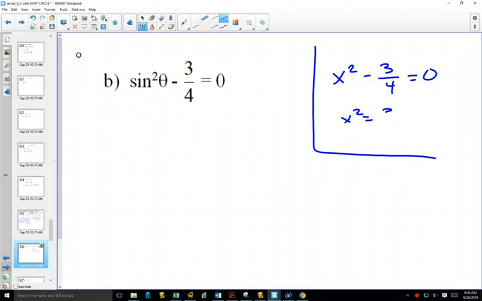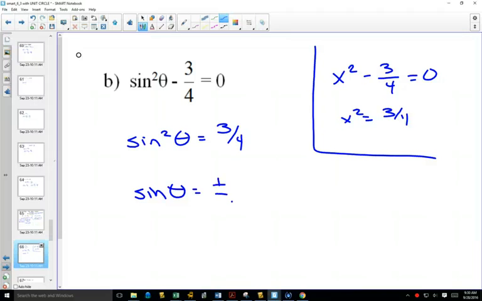You would move the 3/4 to the other side and then square root, right? Same idea. We're going to move the 3/4 to the other side. We're going to square root both sides. We're going to remember that anytime we square root both sides, we have to put a plus or minus.